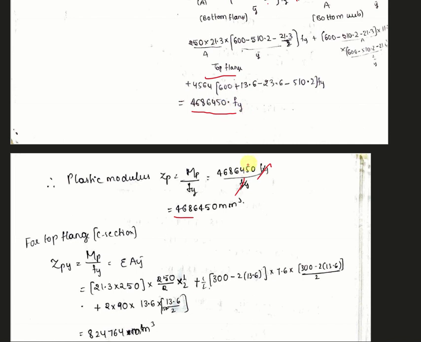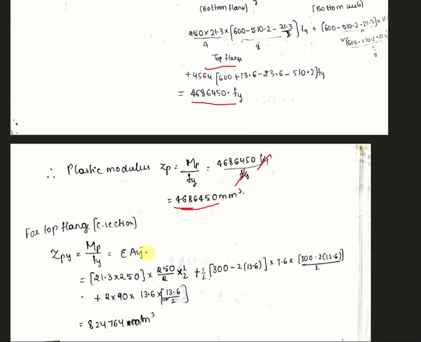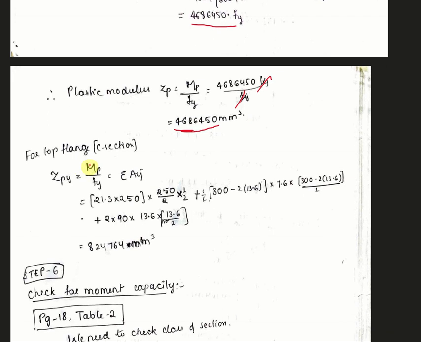It will not be included in the calculation, of course. So 4686450 mm3 is the plastic modulus. We got it for the top flange. We have to calculate separately MP by Fy, just like we have calculated for separate sections. We have to do the same for this also. We will be getting it as 824764 mm3.